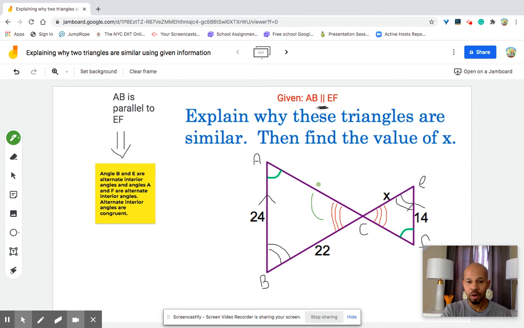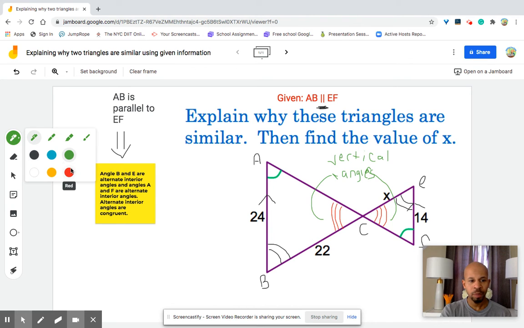These are vertical angles. All right, you should remember that concept as well. When two lines intersect, when they form an X, vertical angles are formed. And all vertical angles are equal. I hope that was clear so far.